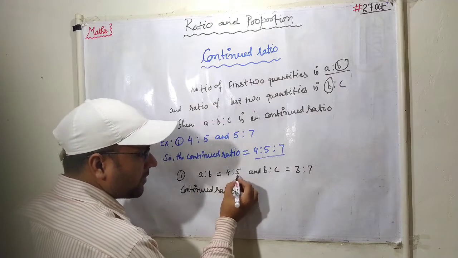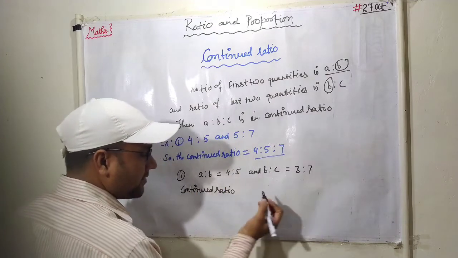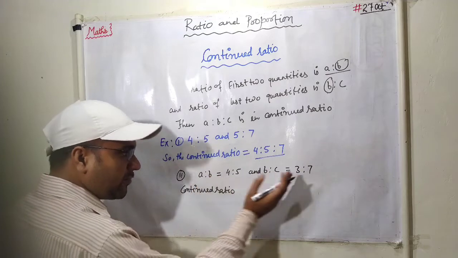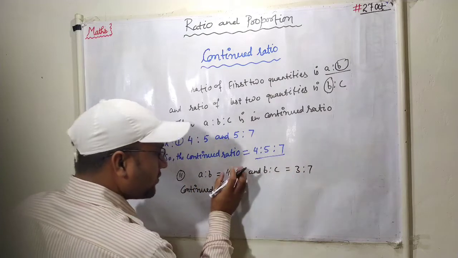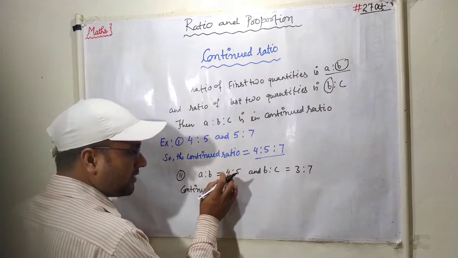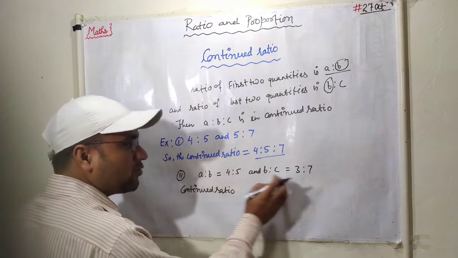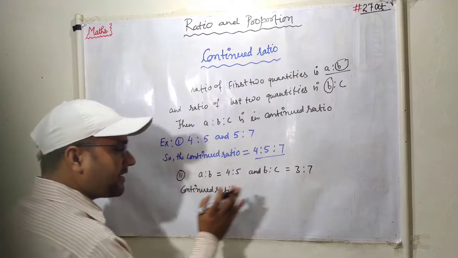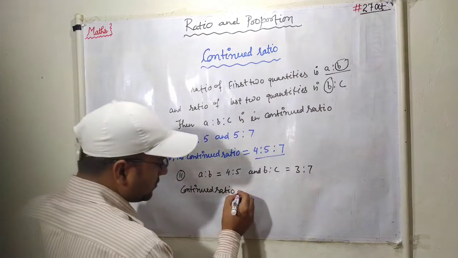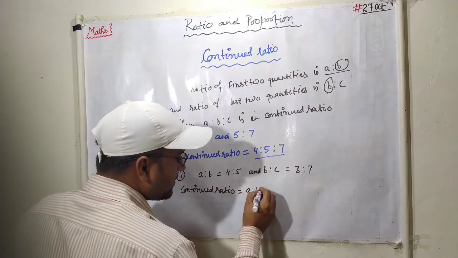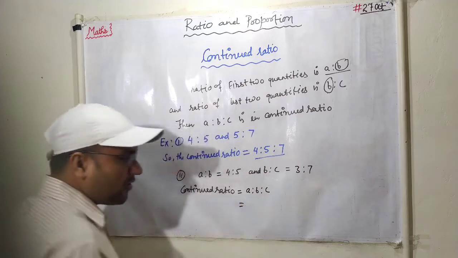Here B is not common, here it is 5 and here B is 3. So you multiply both the terms of the first ratio by 3, and multiply both the terms of the second ratio by 5, and you will get the continued ratio A is to B is to C. What value will you get?